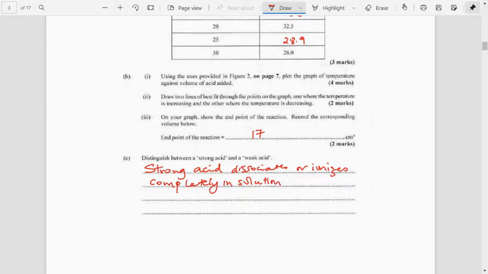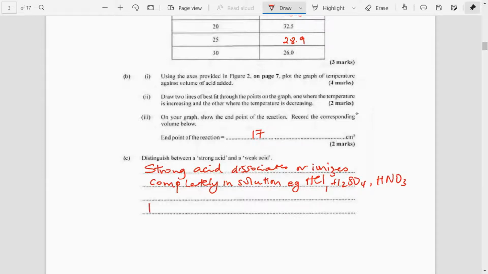An example of this, of course, is like HCl, or the one that we used in the experiment, H2SO4, or even nitric acid. So all these inorganic acids, those are strong acids.